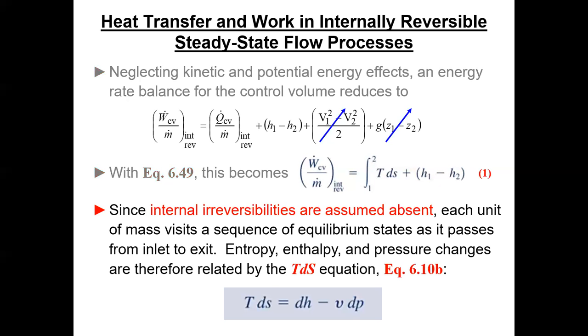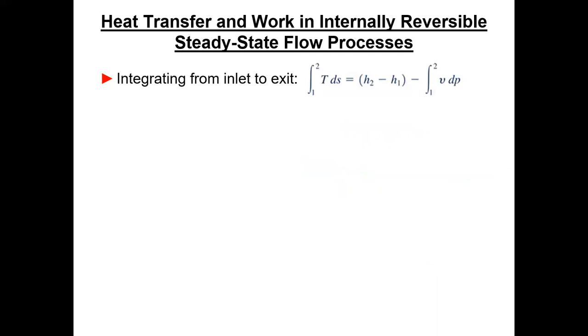And then we're going to make the assumption of a quasi-static process, that the process from 1 to 2 is a series of equilibrium states as we go through it. So all of the property relations hold. Then we can use the T ds relation that you see at the bottom. We're just going to integrate that relation from 1 to 2, and then we'll write the result up above.